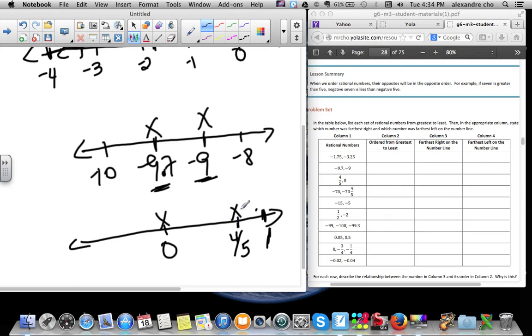Greatest to least, 4/5 is obviously the bigger number. 0 is the smaller number. The number on the right is 4/5, and the number on the left is 0. So if you have to compare, the number on the right will always beat the number on the left.